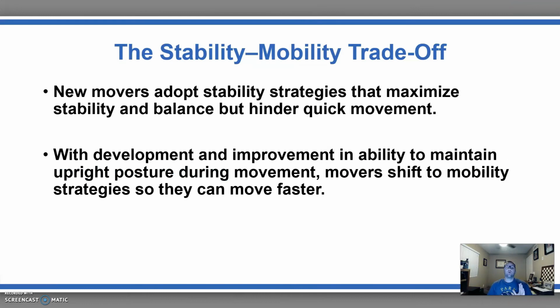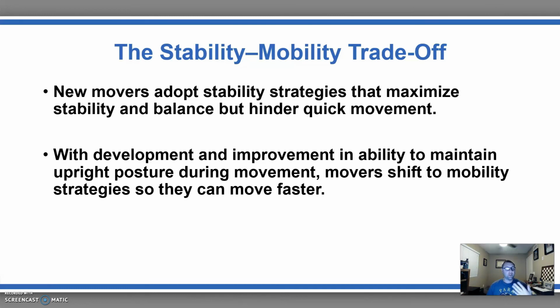There's a trade-off here. When you start to learn to become more stable, you are going to try to maximize stability and balance, but you are going to lower your ability to move quickly. You will be walking slower, but you'll be walking upright.